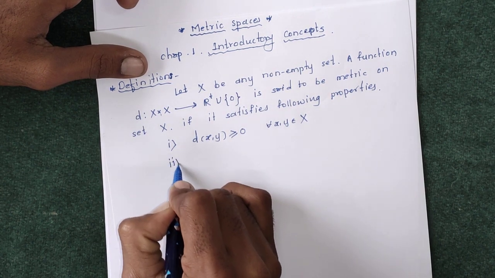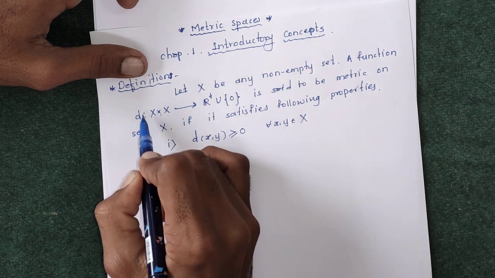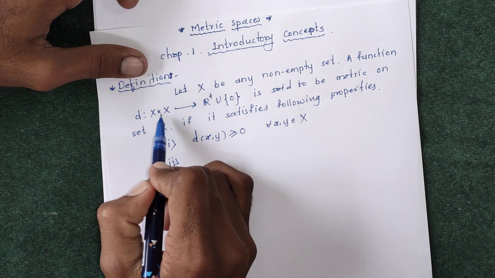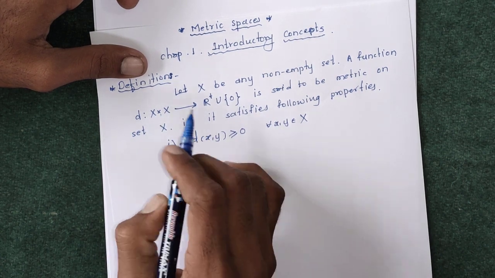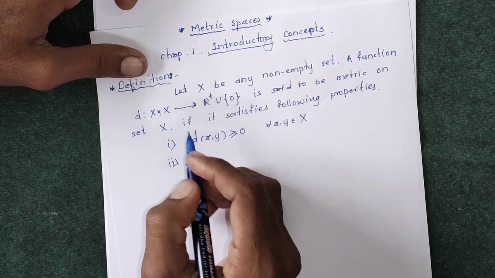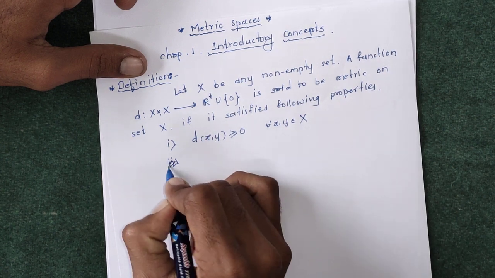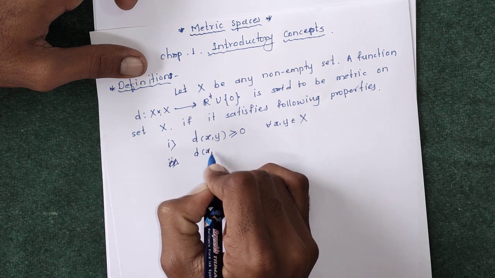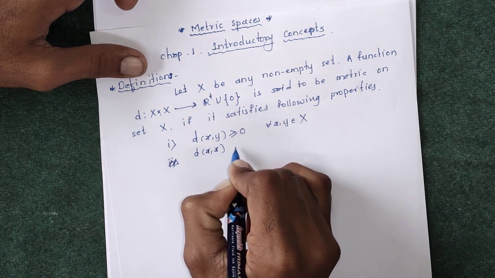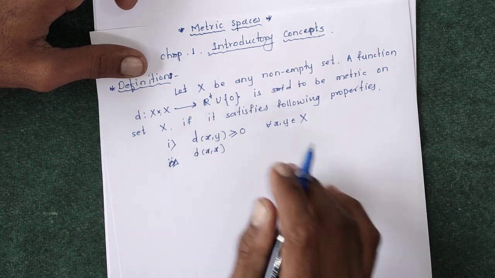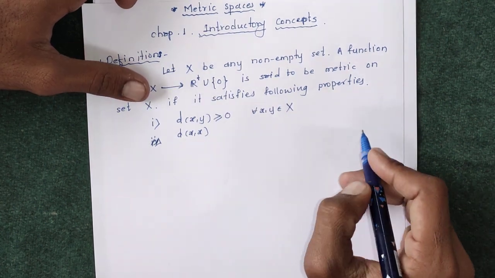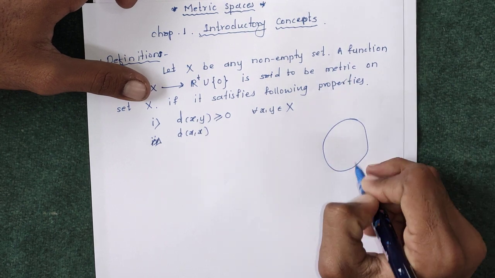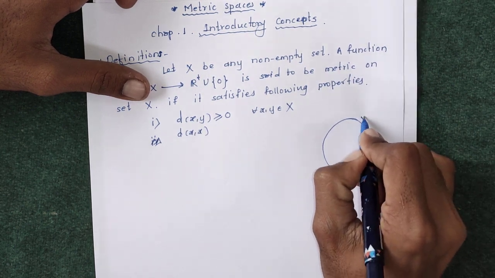This function is a distance function, that is, the distance between any two elements of X cross X. Another property is the distance of x and x, that is, the distance from a single point to itself.